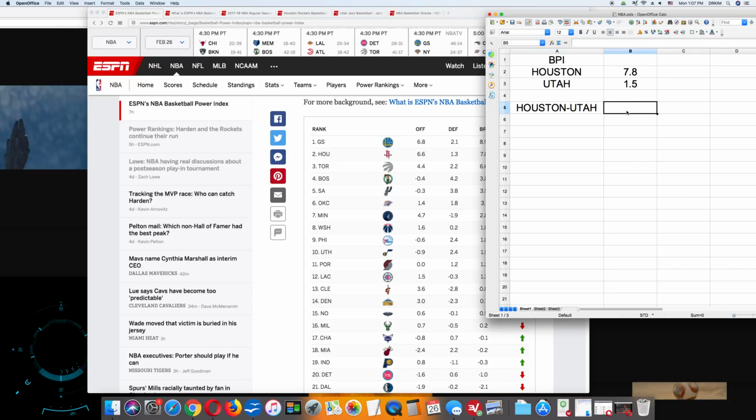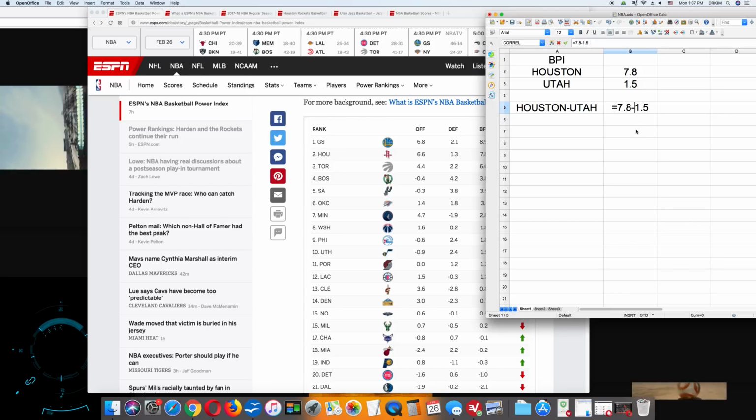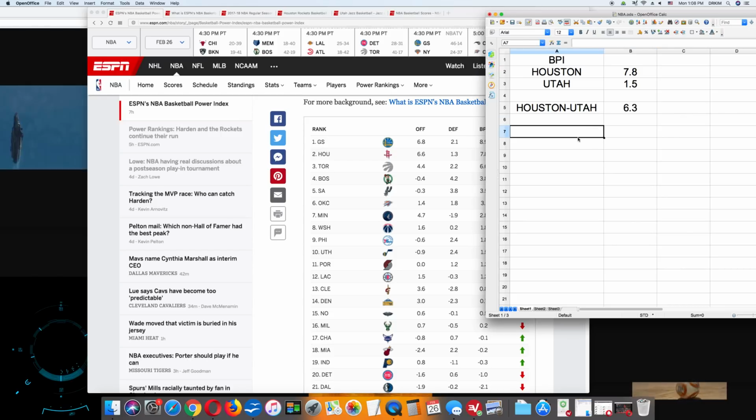We're talking BPI here, and that would be 7.8 minus 1.5. You subtract the 2 BPIs. Okay, got it? And that gives you 6.3. So that's actually the point spread. Houston is the favorite, so they would be minus 6.3.